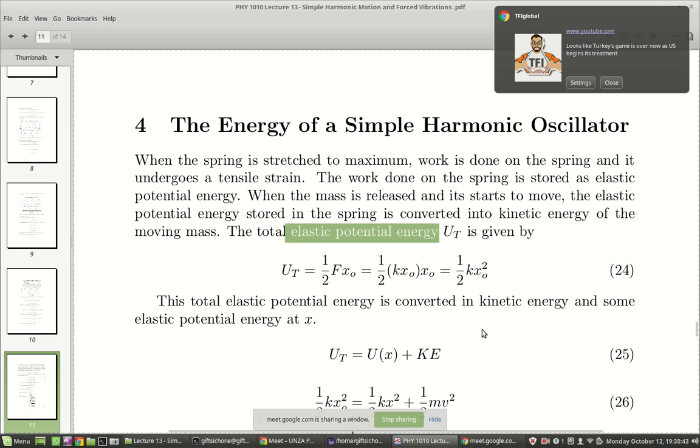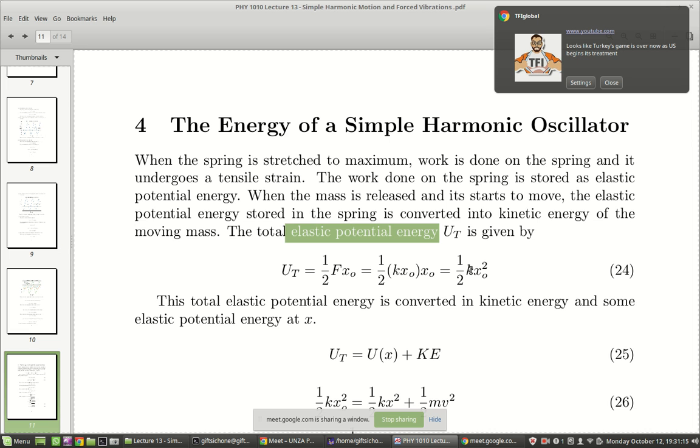As the mass is moving, it has got kinetic energy, but also the amount of stretching is reducing, so there is still some potential energy there. So the total energy is a combination of some potential energy plus some kinetic energy.